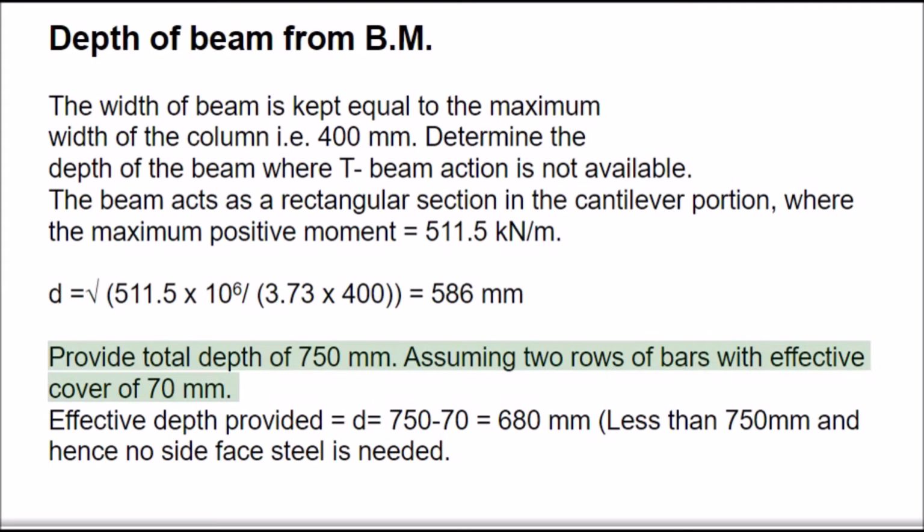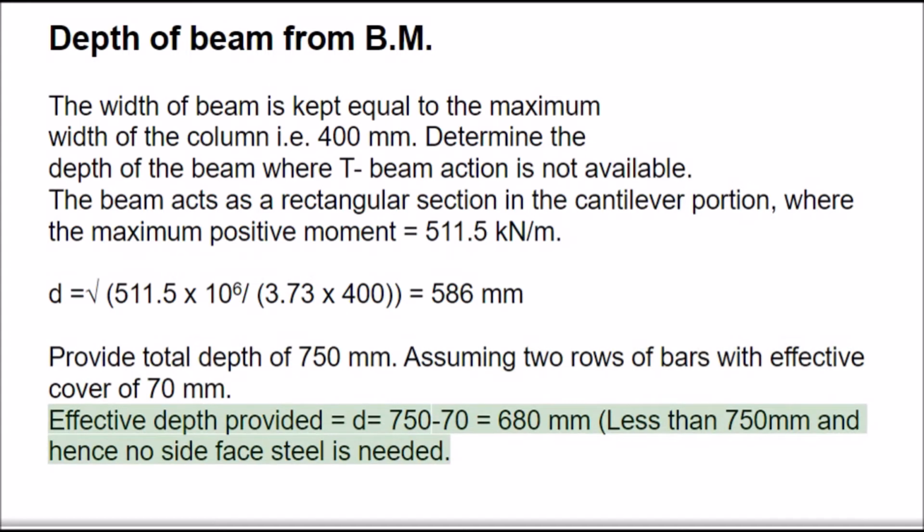Provide total depth of 750 millimeters, assuming 2 rows of bars with effective cover of 70 millimeters. Effective depth equals 680 millimeters, and hence no side face steel is needed.